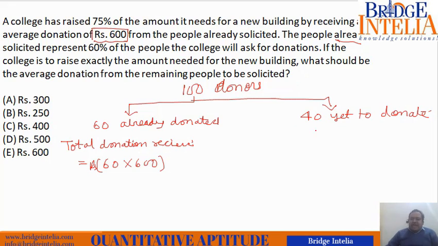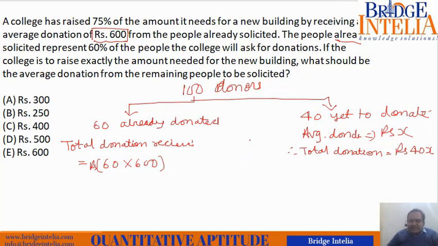Let the average donation for these 40 people be rupees X. Therefore, since there are 40 people, the total donation is rupees 40X.